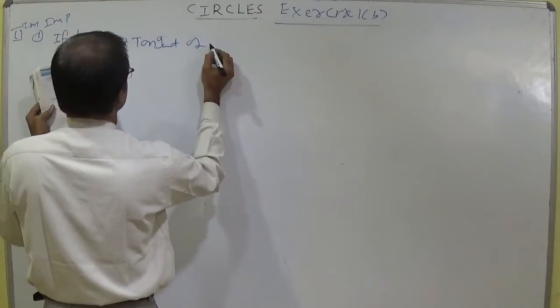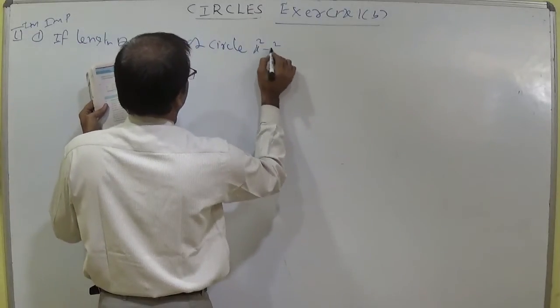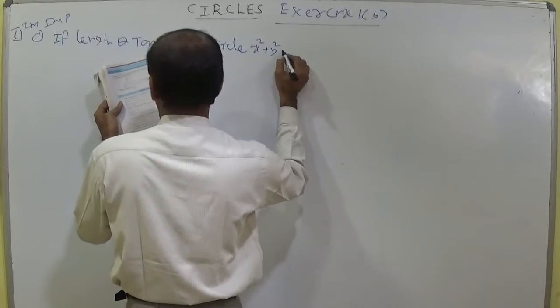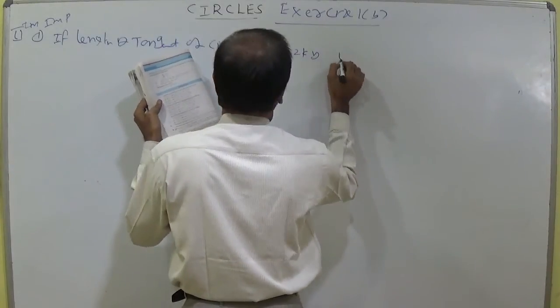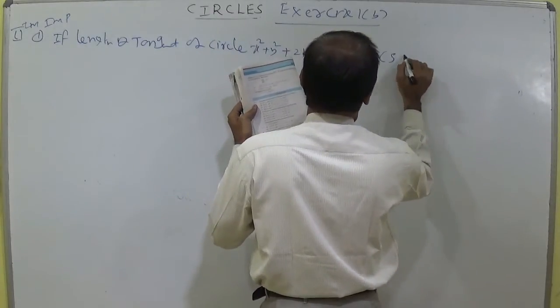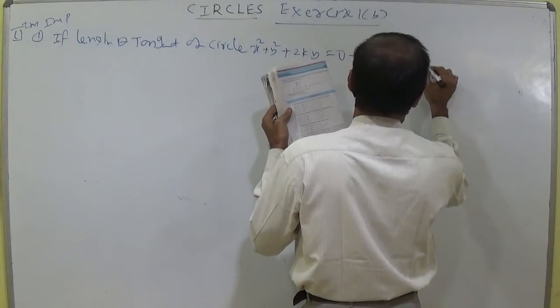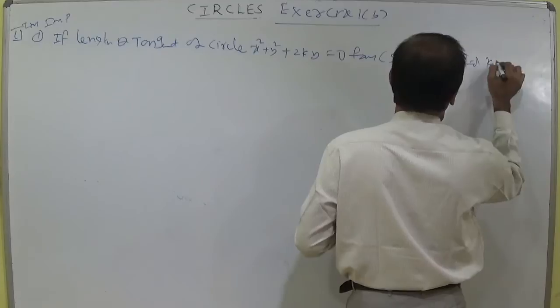If the length of tangent to the circle x square plus y square plus 2ky equal to 0 from (5, 4) is 1, find k.